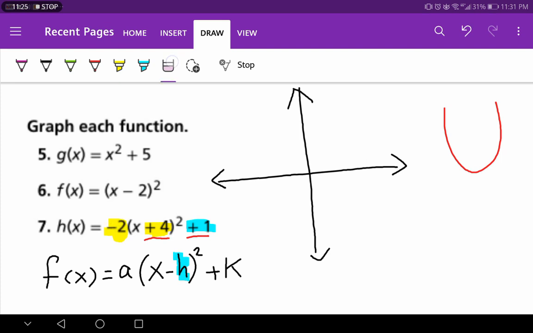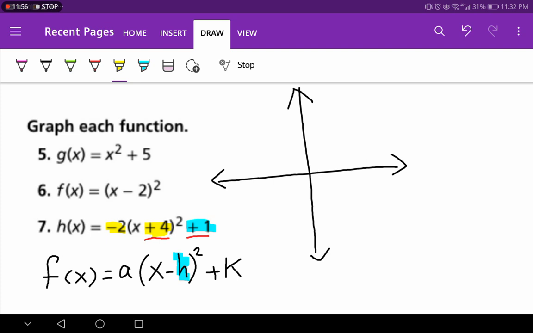That means the parent is flipped downward, and not only flipped, it will be narrower. Yes, this is the parent, for example. It will be narrower like this, because we know that if the leading coefficient is more than 1, it will be narrower. If it is negative, flip it.